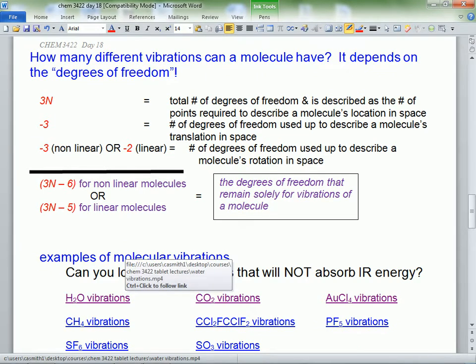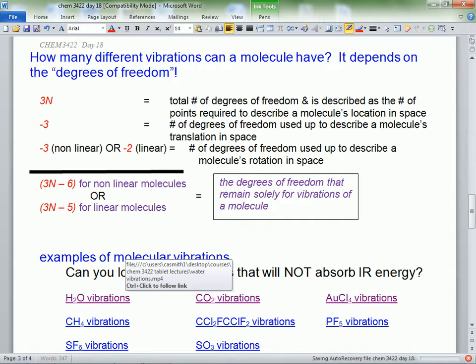So how many different vibrations can a molecule have? It depends on the degrees of freedom. So how do you get this? There's only so many points to describe something. 3N is the total number of degrees of freedom, and we're talking about a molecule.